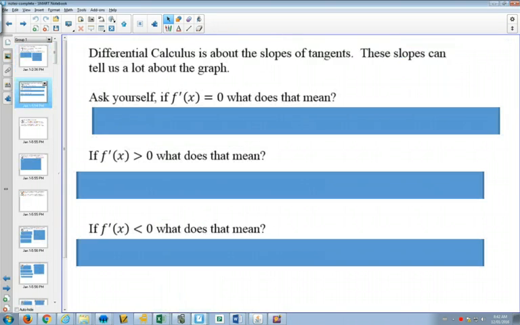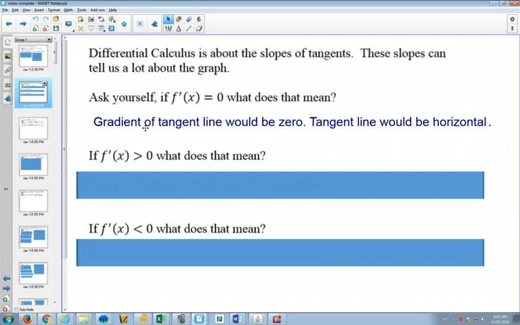So, if differential calculus is about the slopes of tangents, and these slopes tell us a lot about the graph, we've already talked about what f prime of x equals 0 means. That means that the slope is 0, and that tangent line would be horizontal.